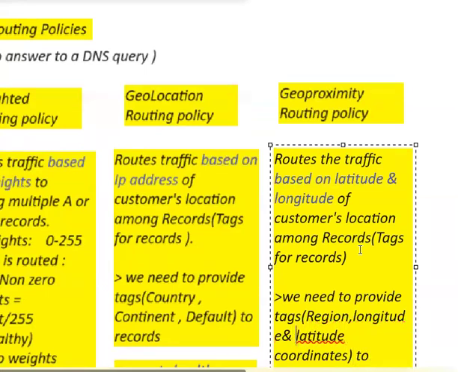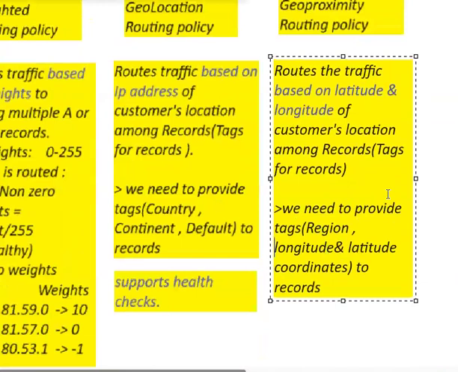So what tags do we provide here? For geo proximity routing, we provide tags like region or longitude and latitude coordinates to our record so that it will easily identify those tags, and your request will be routed to those tag-related records.